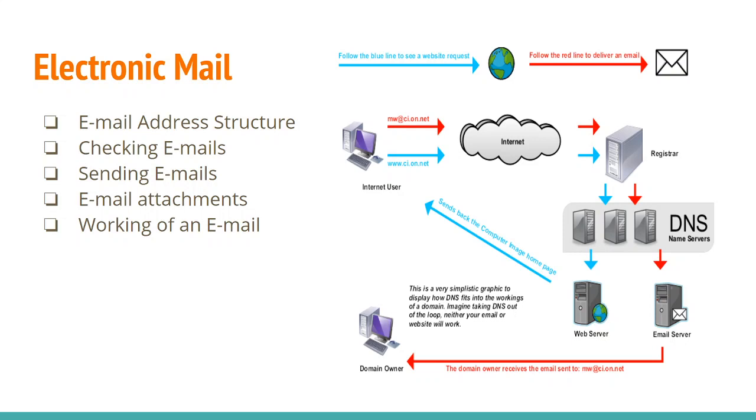Then you will have something written as CC and BCC. So what is this CC? CC is nothing but a carbon copy. That is, you are sending the same mail to many people, and every person who receives that mail can know to whom else you have sent it. Next is BCC, that is blind carbon copy.